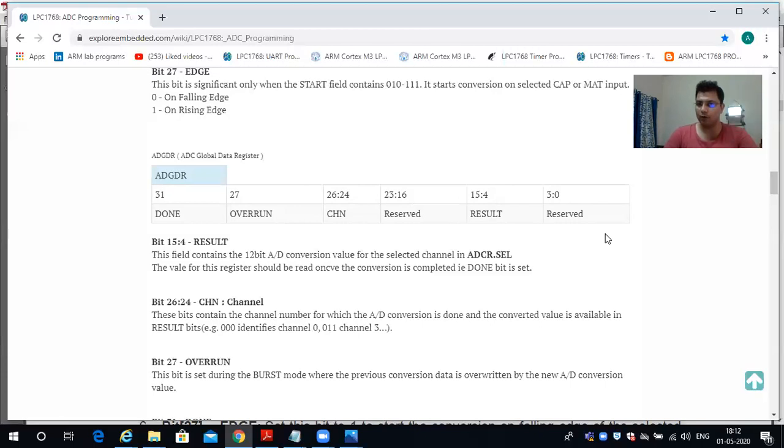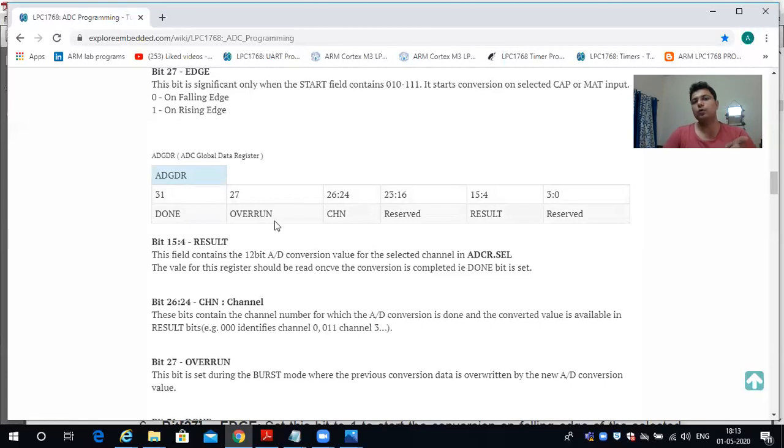The overrun bit would only be 1 in a situation when, in the next cycle, the ADC module is overwriting the result value in bits 4 to 15, and in the previous cycle nobody has read the written value. So before reading, in the next cycle, the ADC module has once again rewritten the value over bits 4 to 15.